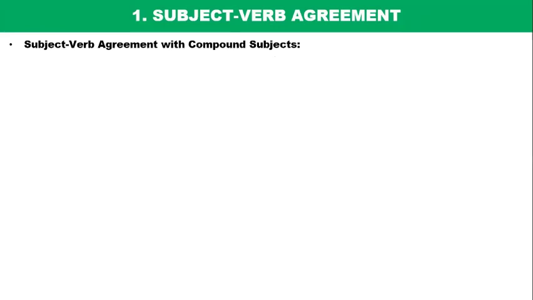When you have a compound subject like John and Emily, John and Emily are attending the party. The compound subject here is John and Emily, and that agrees with the plural verb are. So the rule is that when you have a compound subject, then you should use a plural verb.